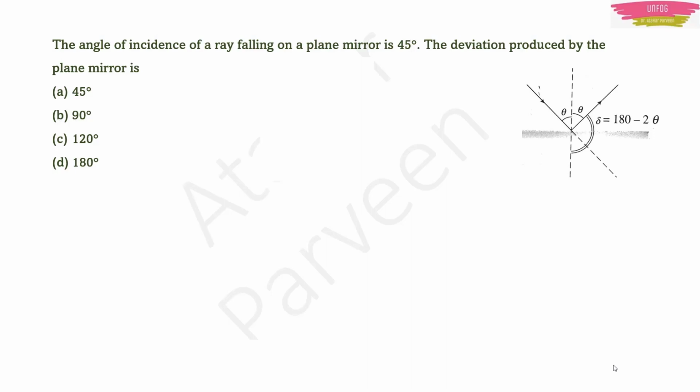We know that the angle of deviation produced by the plane mirror is delta, which is equal to 180 minus 2 theta. Just we can substitute the values here. Put theta is equal to 45 degree. Then angle of deviation delta will be equal to 180 minus 2 into 45. 2 into 45 is 90. So angle of deviation will be equal to 90 degree.